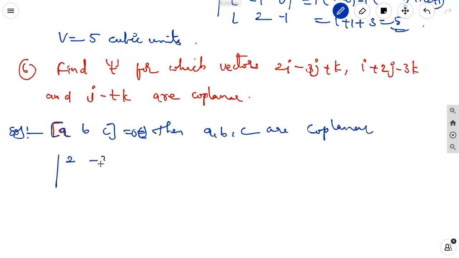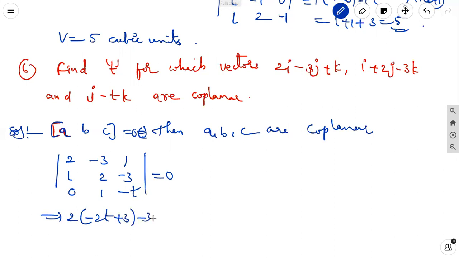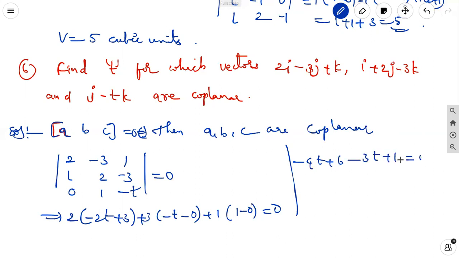Determinant 2, minus 3, 1, 1, 2, minus 3, 0, 1, minus t is equal to 0. From this, 2 into minus 2t plus 3 into minus t minus 0 plus 1 into 1 minus 0 equal to 0. So minus 4t plus 3 into 3 minus t plus 1 equal to 0. Minus 7t equal to minus 7, t equal to 1. This is the t value.